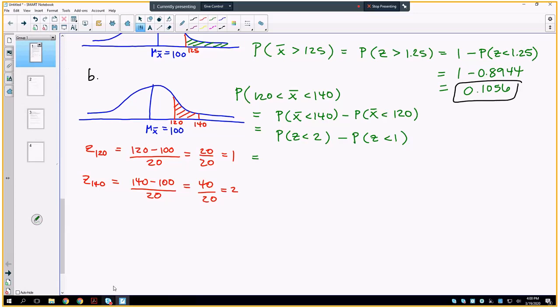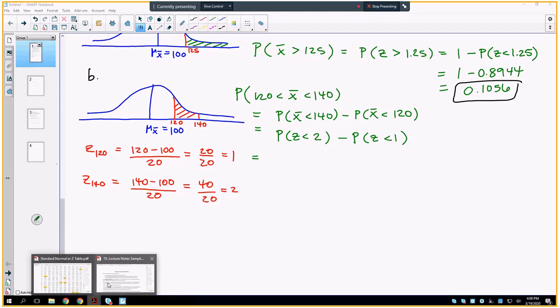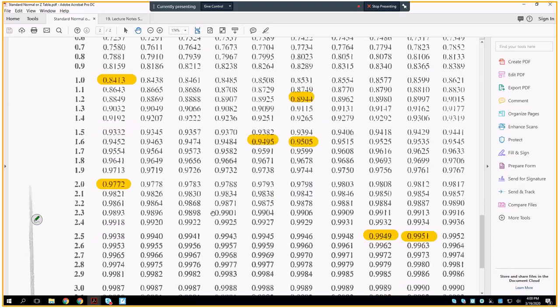So we pull up our table. We look for probability of z less than 2. That's here, 0.9772. And we're looking for the probability that z is less than 1. That's 0.8413. So those are exactly the numbers that I will use in my problem. Let's go back and take a look.